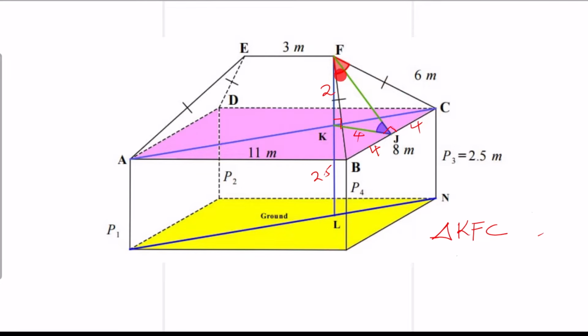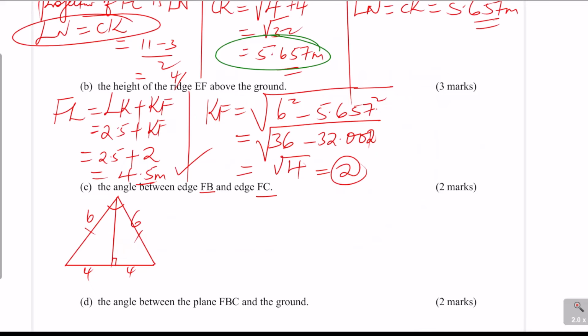We need just one of these angles, and then we multiply it by 2 because these two angles are equal. This line is a perpendicular bisector. It bisects BC and also this angle. So if we get one of these angles, you just need to multiply by 2.